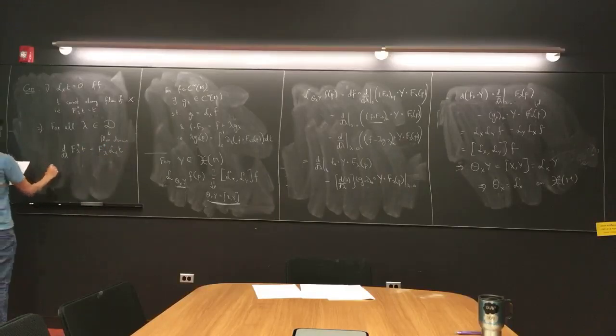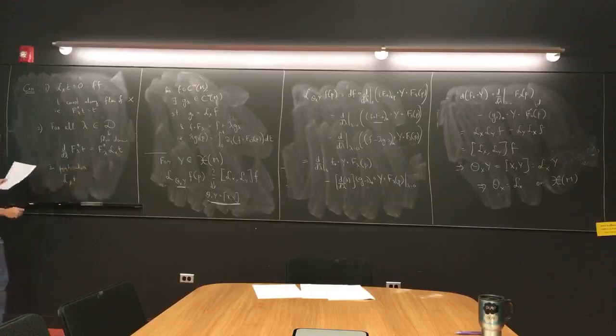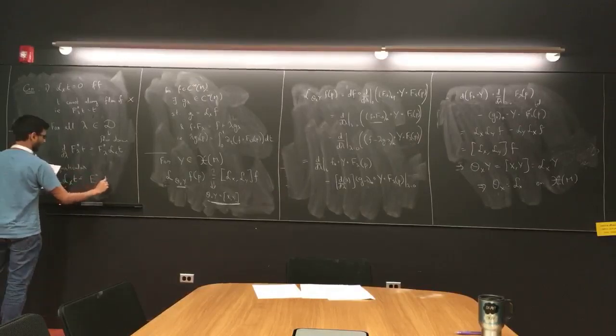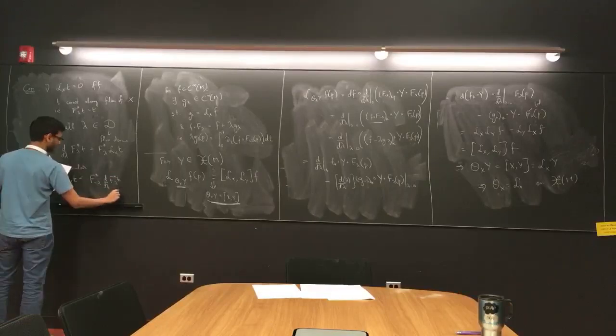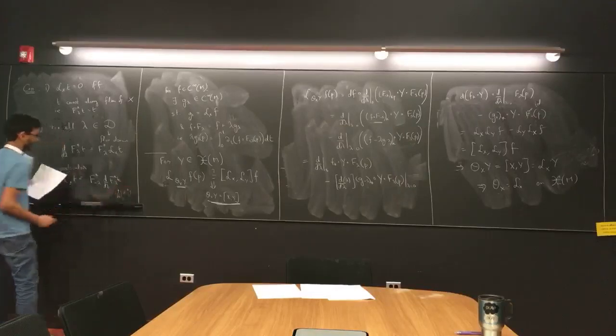In particular, you can write the Lie derivative of t with respect to x as f star minus lambda d by d lambda f star lambda of t, which is nothing but d by d lambda at 0 of f star lambda of t.